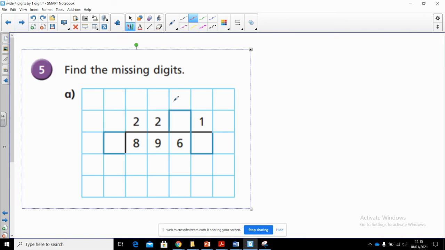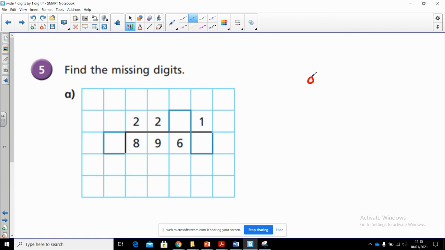So find the missing digits. So we've got here 8,960 something, and the answer is 2,200 and something 1. So the easiest way to do it is to look at this one here now. So I've got to think, how many times can a number be divided exactly into 8 to give me 2 equal parts?